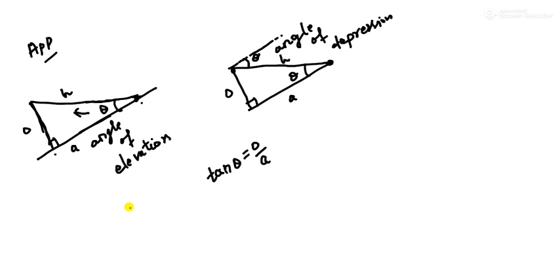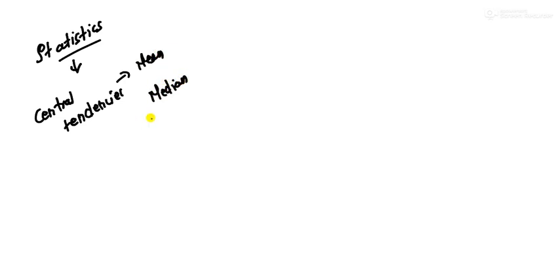Okay, so now moving to our next chapter, and that is statistics. In this chapter we have three central tendencies. They will give the values of central tendencies of any data. Which are these central tendencies? They will measure, first is mean, then we have median, and then we have mode.